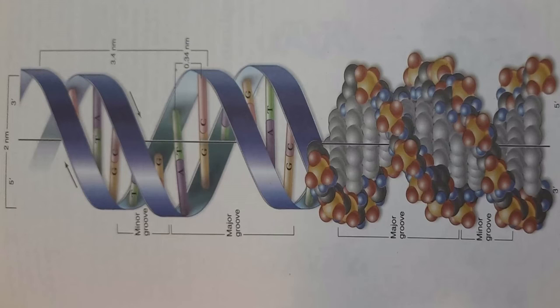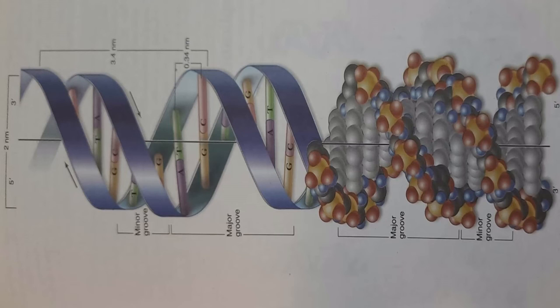The Watson-Crick double helix model describes the features of the B form of DNA, which is the most common form and is found in a right-handed helical configuration. There are many other forms of DNA also, distinct from this B form.